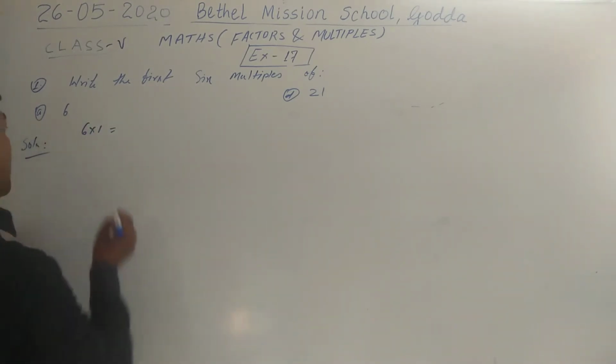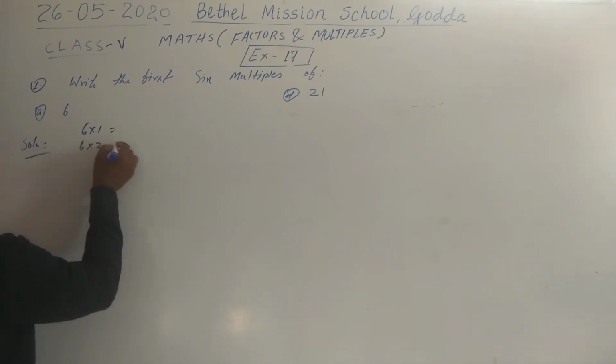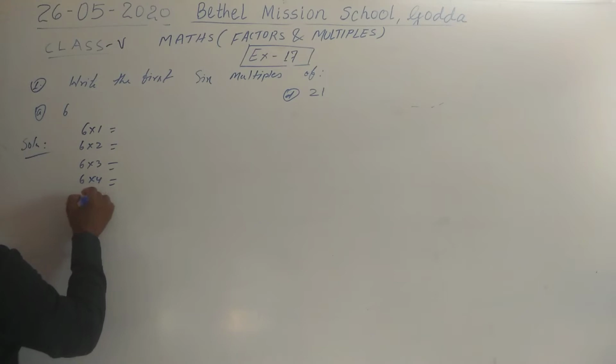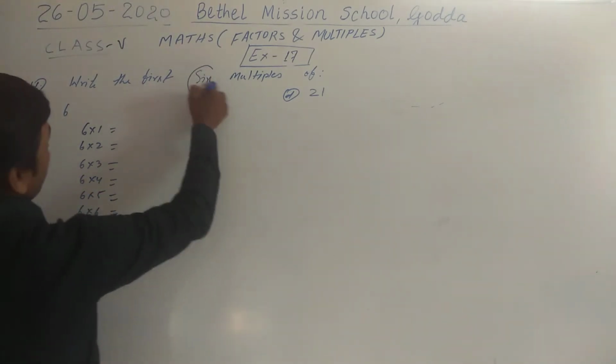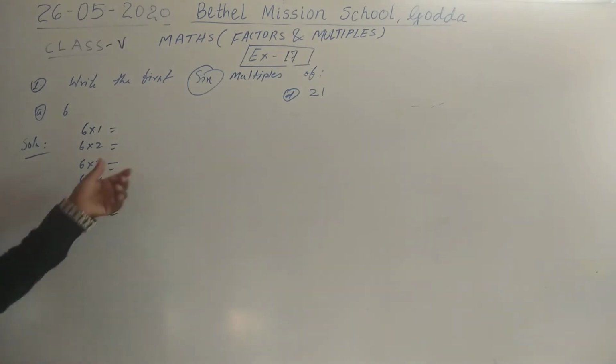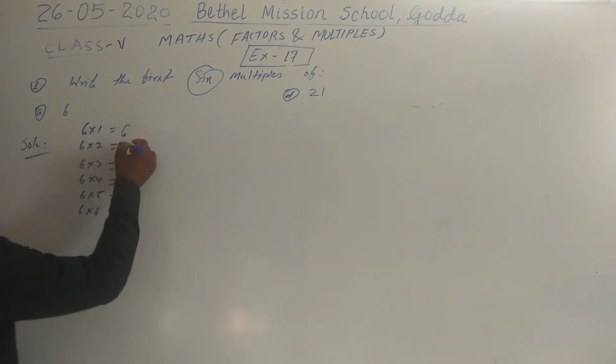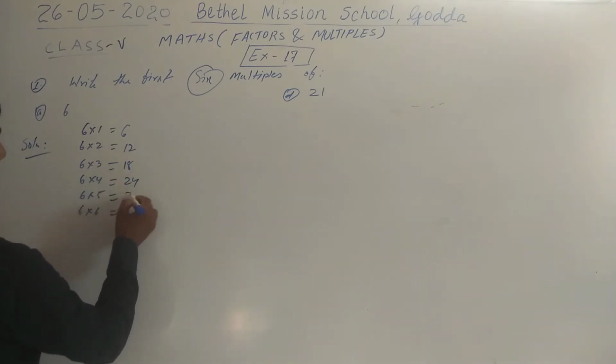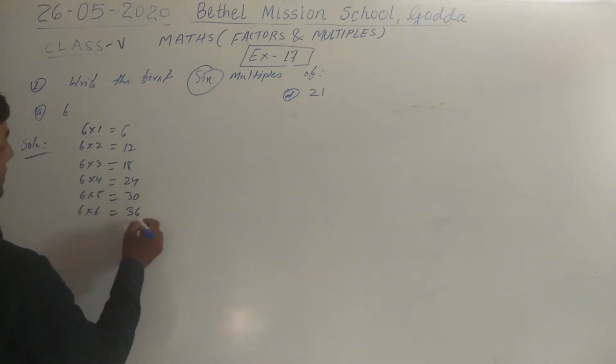First we will multiply by 1, then by 2, then 3, then 4, then 5, and at last 6, because we have been asked for six multiples. So 6 times 1 is 6, 6 times 2 is 12, 6 times 3 is 18, 6 times 4 is 24, 6 times 5 is 30, and 6 times 6 is 36.